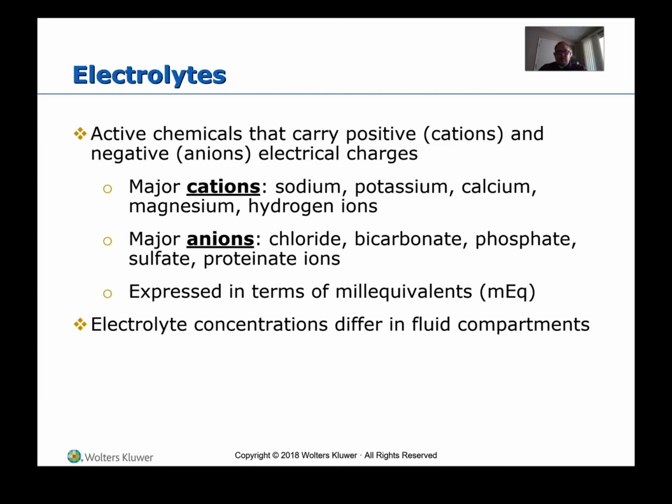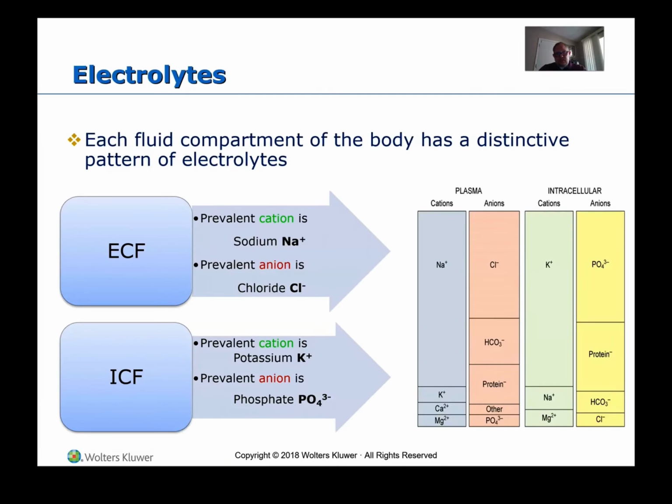Electrolytes are active chemicals that carry positive and negative electrical charges. Generally they can be expressed in terms of milliequivalents, and electrolyte concentrations differ in different fluid compartments. Here is a quick breakdown of your ions, your cations and anions, in your extracellular and intracellular fluids.